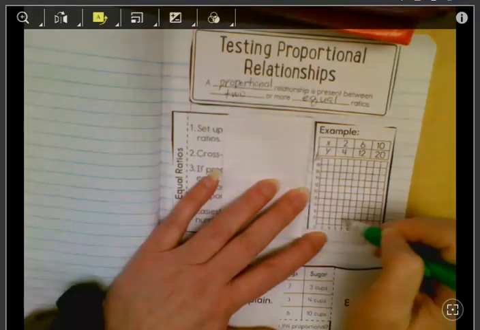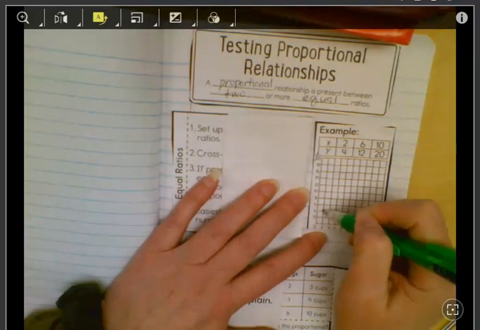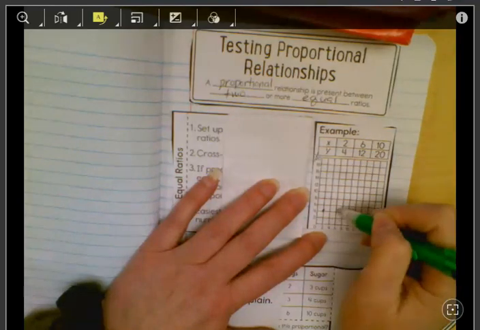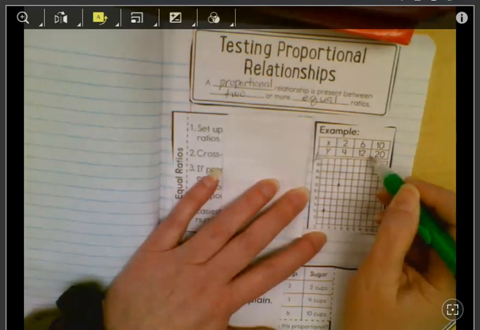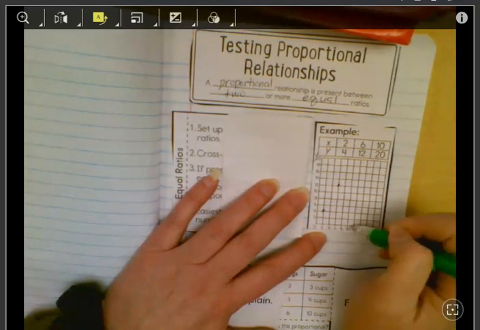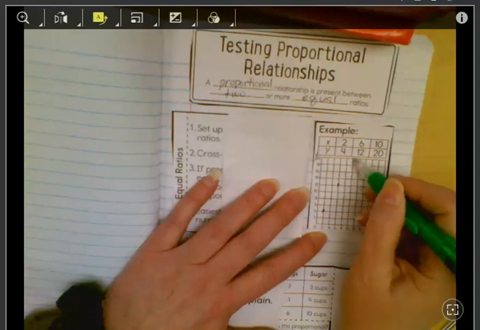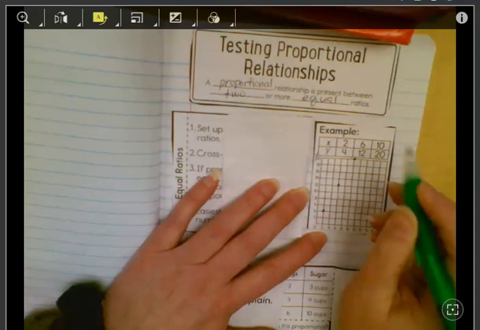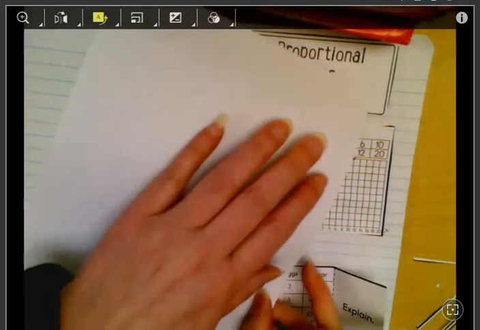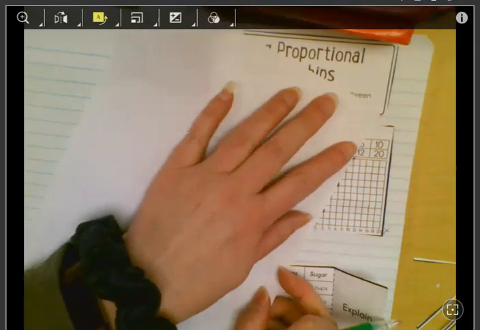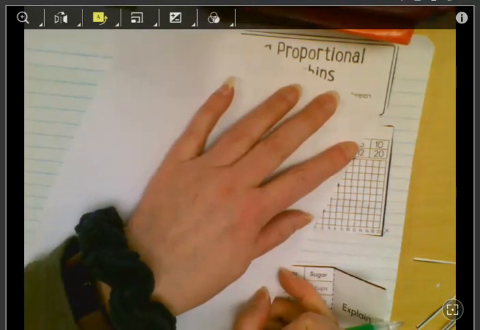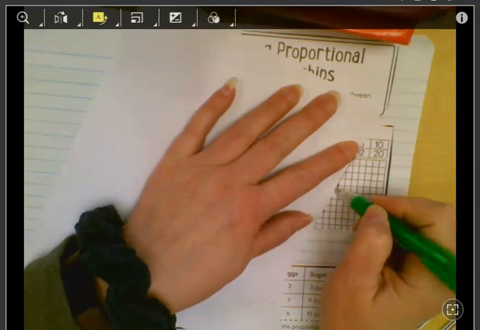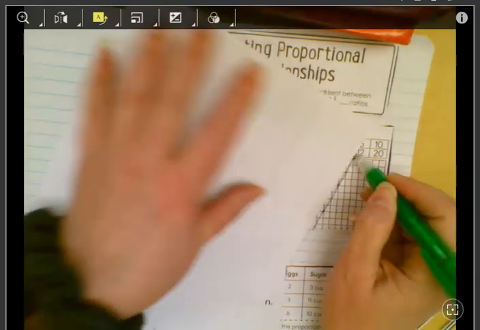So we go over 2, up 4, over 6, up 12, over 10, up 20. And if you can take a ruler or a piece of paper that's a straight edge and make a straight line with that, and it goes through 0 also, you have a proportional relationship. So this one would be a proportional relationship.